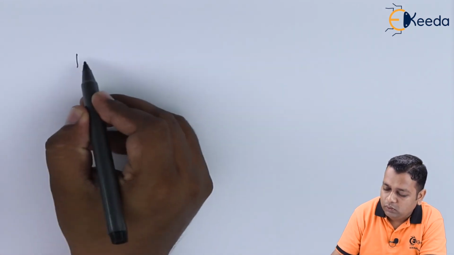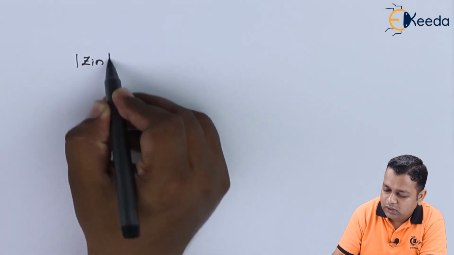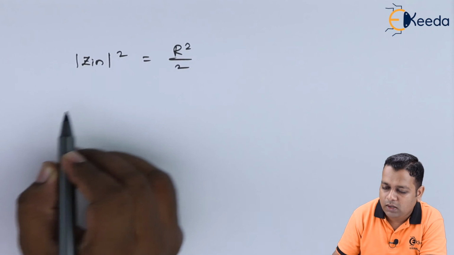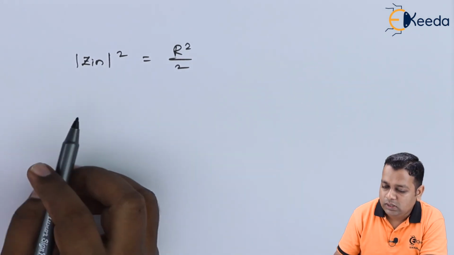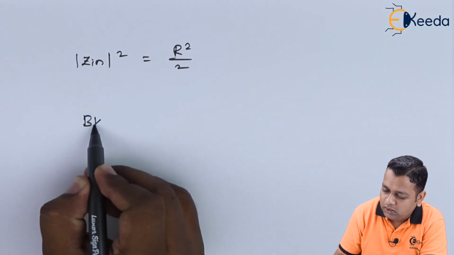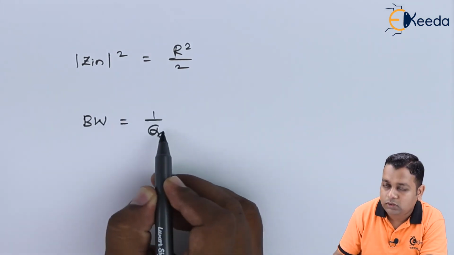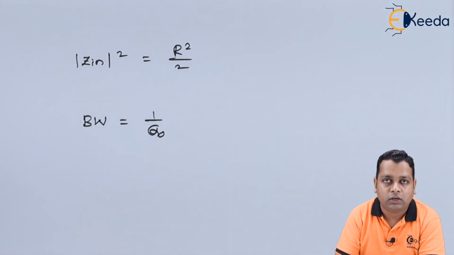Corresponding to the representation in the graph, we can denote mod of Zin squared as R square divided by 2. This implies that the bandwidth, represented by BW, is equal to 1 upon Q0, the unloaded quality factor.